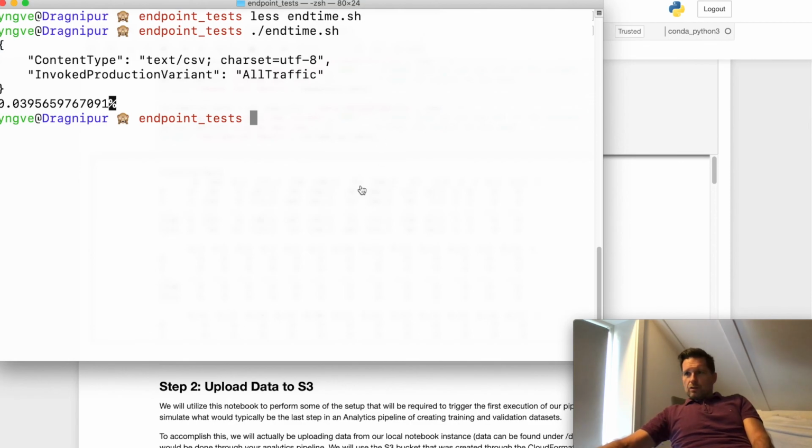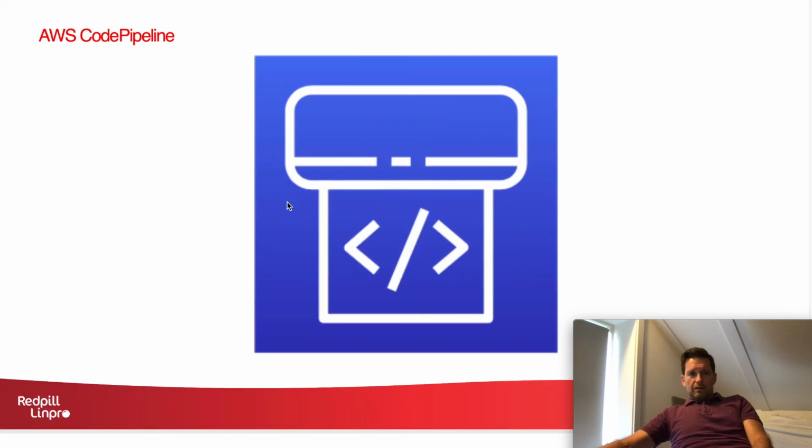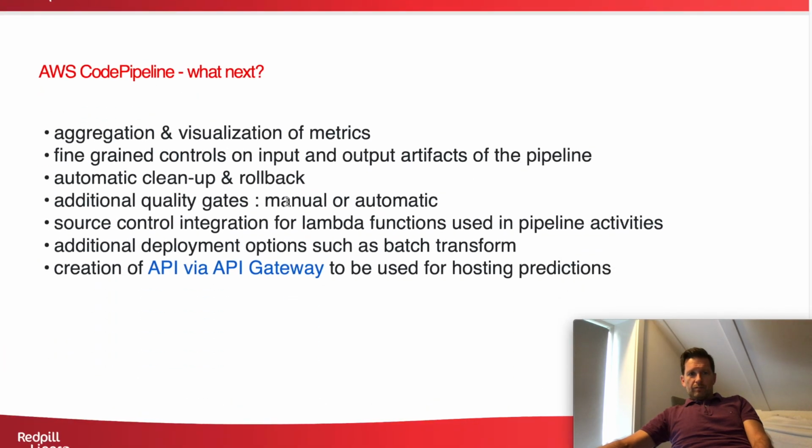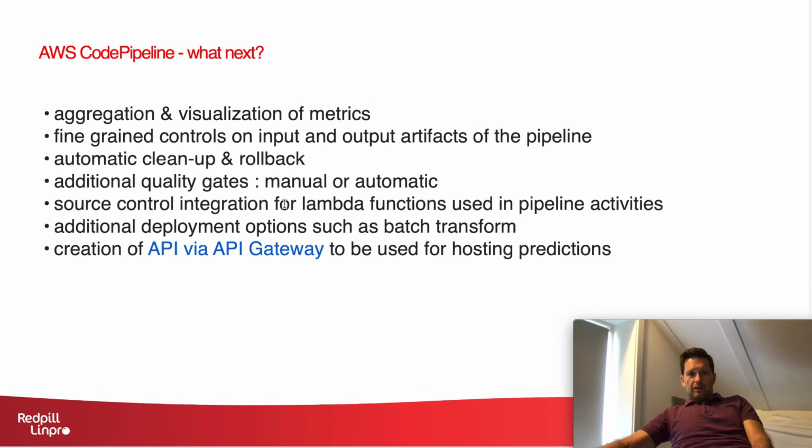So what does this all mean? The ability to have an endpoint that one can access and ask for a prediction is a functionality that speaks for itself. It can be very valuable in a lot of different setups. We have mentioned some more things we can do with CodePipeline here.